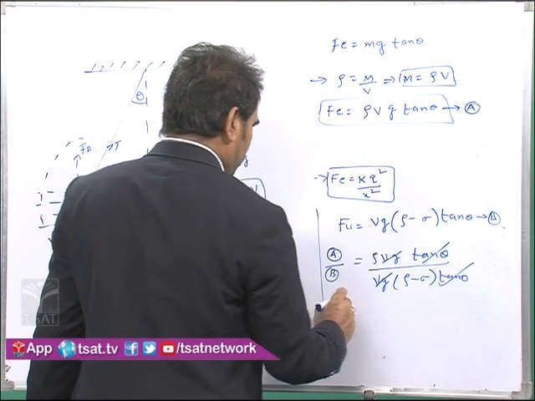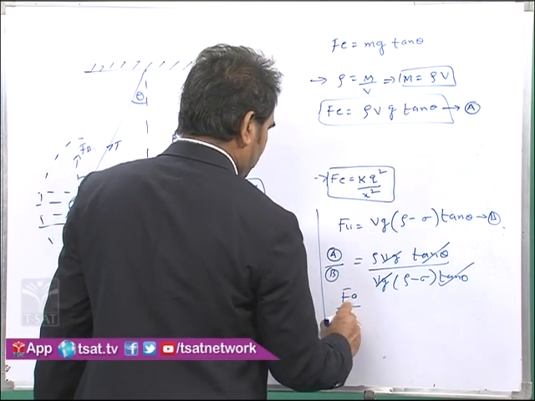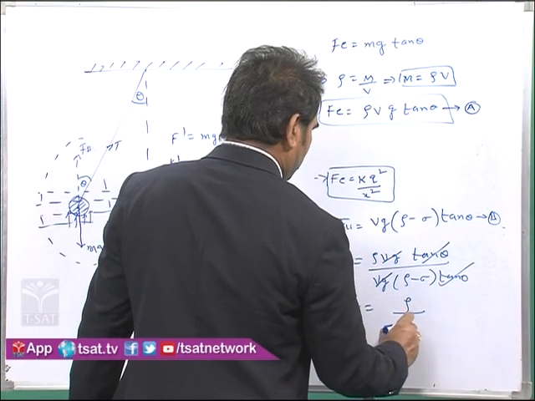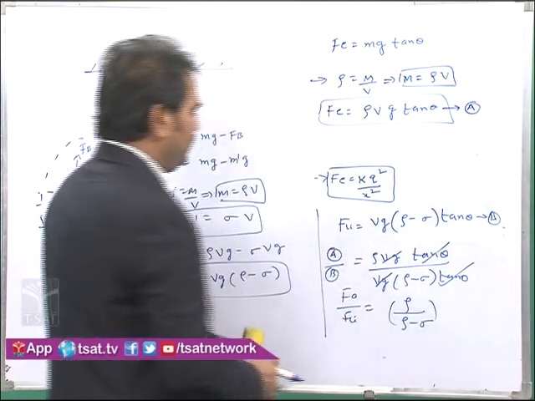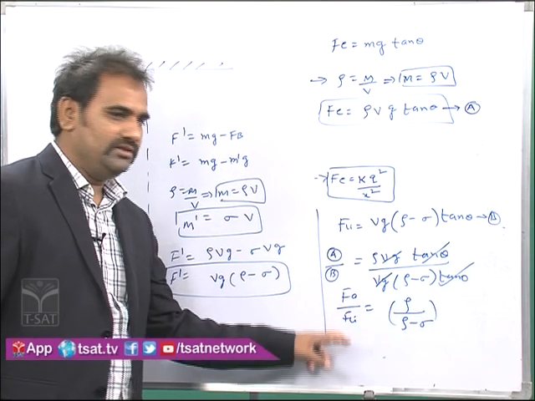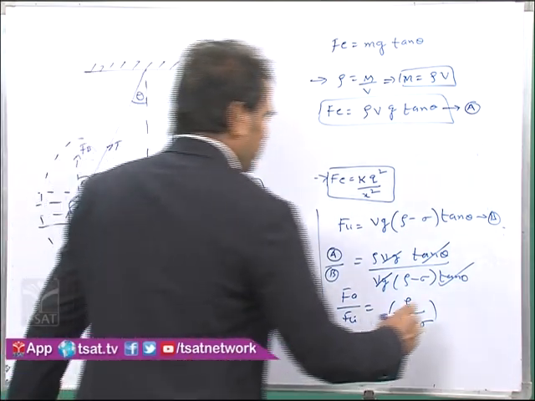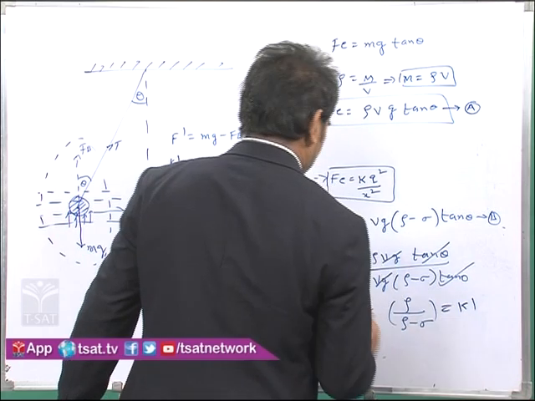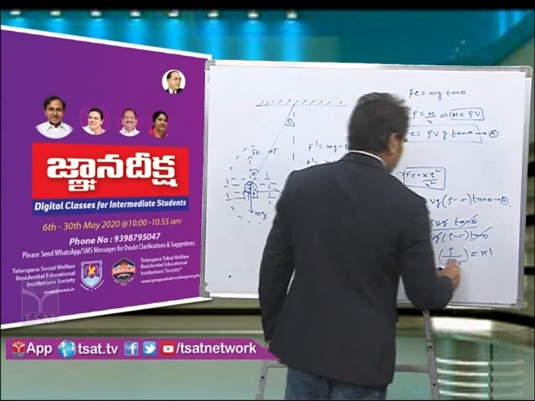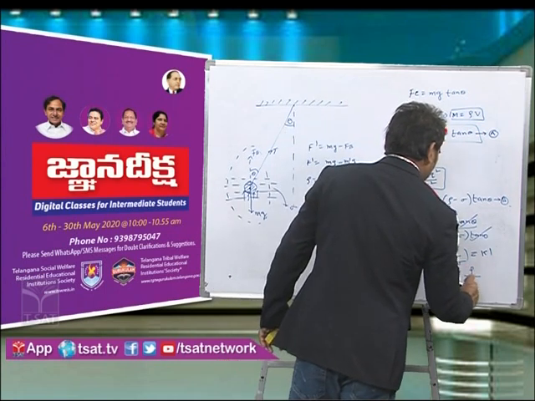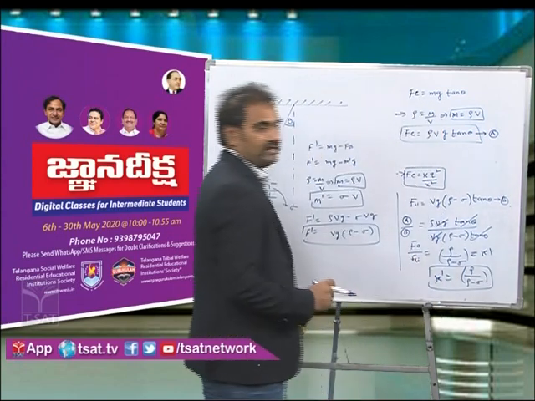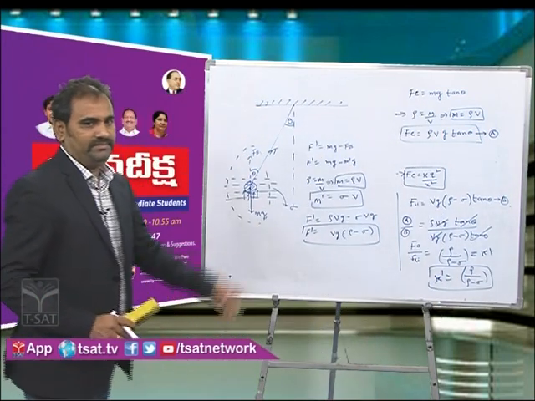This is equal to F air upon F liquid, which is equal to rho by rho minus sigma. The ratio of the force in air to the force in the liquid between two charges is called the dielectric constant K dash. So the dielectric constant of the liquid is given by K dash is equal to rho upon rho minus sigma. This is the dielectric constant of the given liquid.